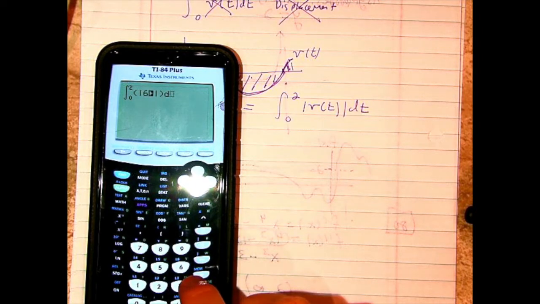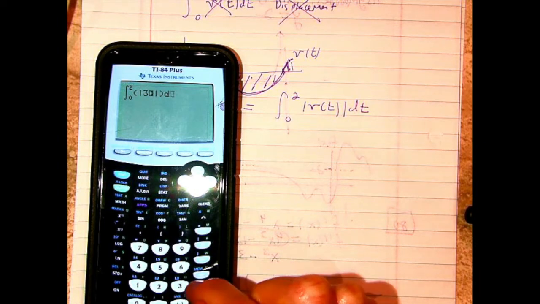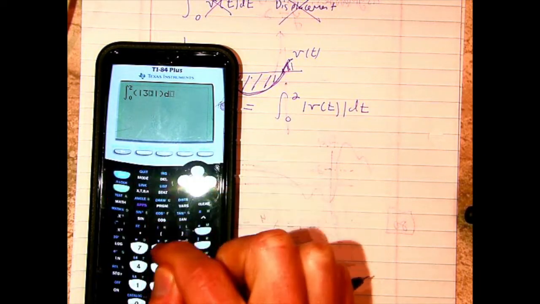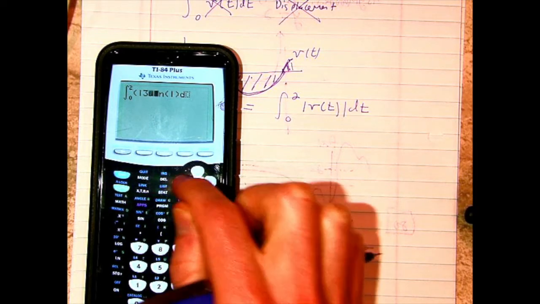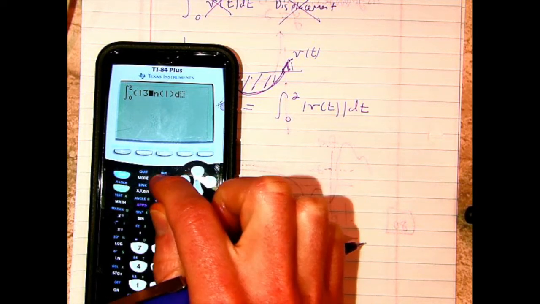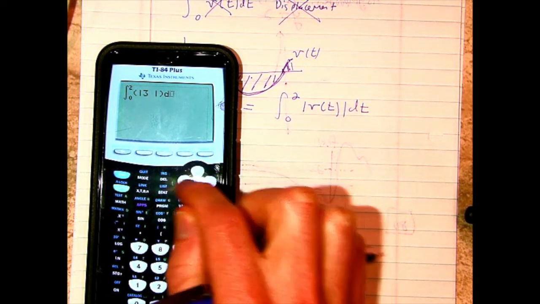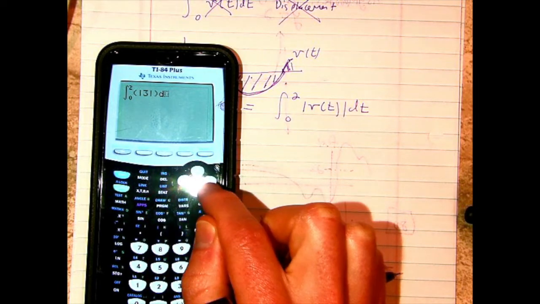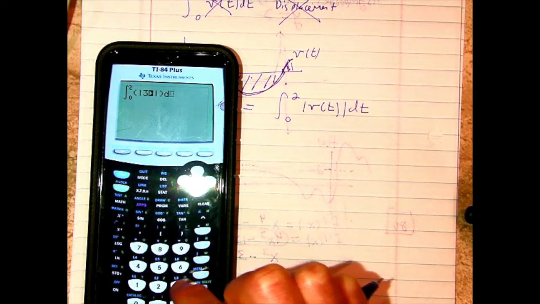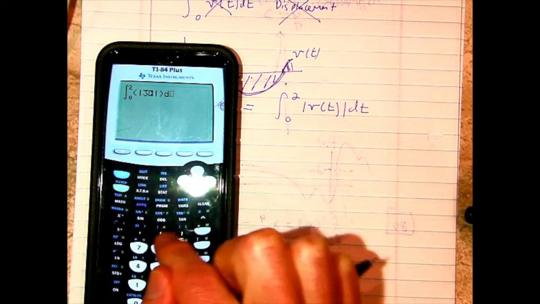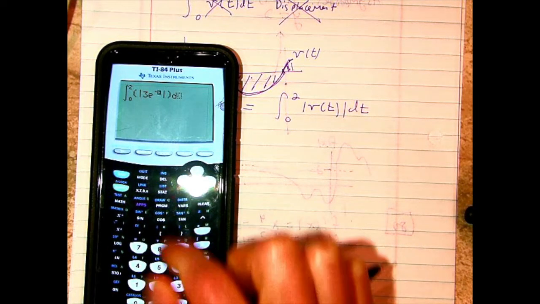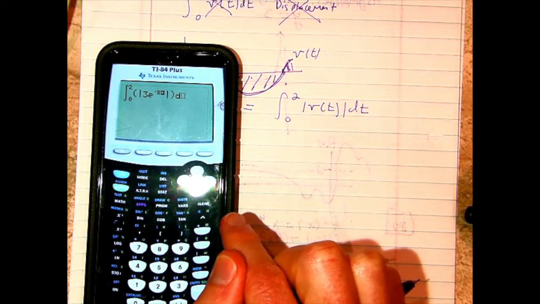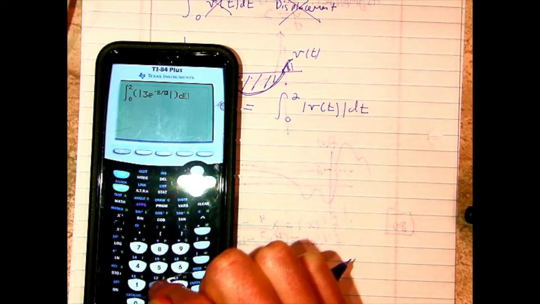So it's 3 e to the negative, well, it's t, but we're going to write x. It doesn't matter what variable you use.